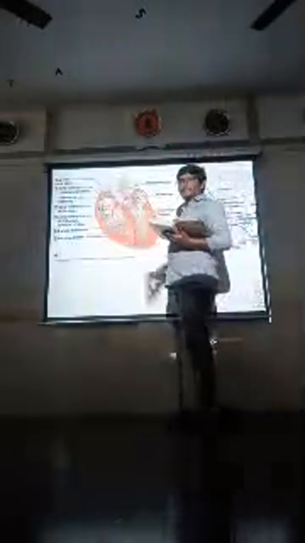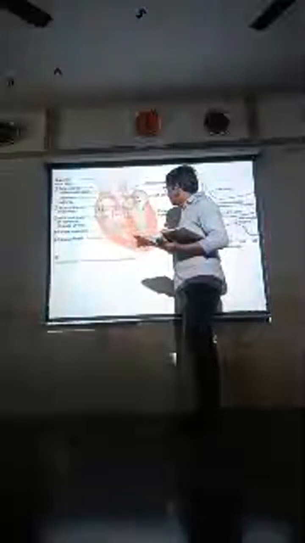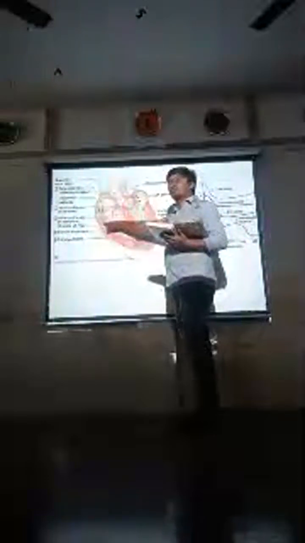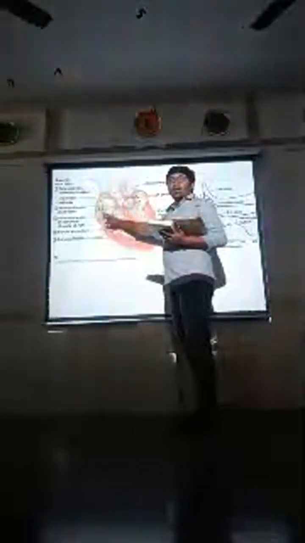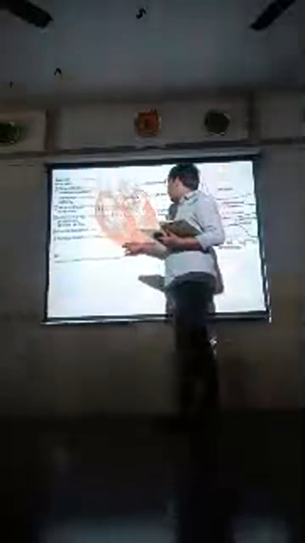Now the bundle of His is passing through the anterior side also. It is making sure that the entire right ventricle is supplied by the Purkinje fibers, having the conduction of impulse.